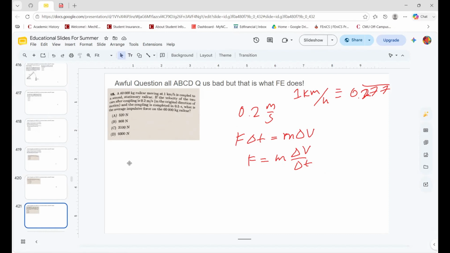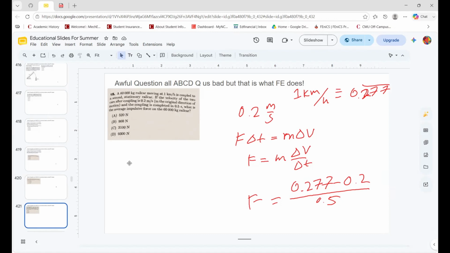What we're going to have to do, hey, we got everything. We got 0.277, we got 0.2, minus each other, divided by 0.5 seconds, equals the force, basically. Now I can do the division: 0.2777 minus 0.2 divided by 0.5 equals... that doesn't seem right.